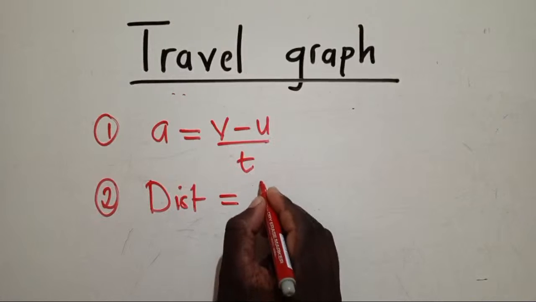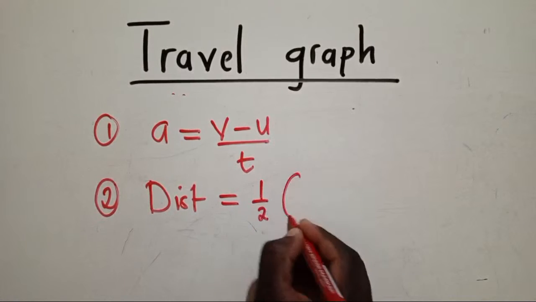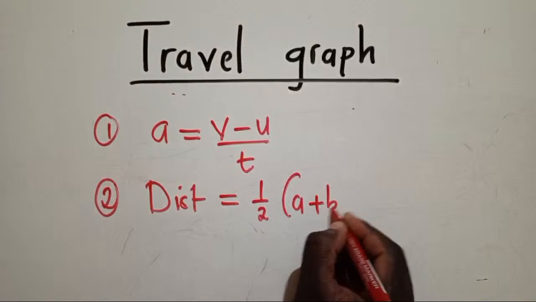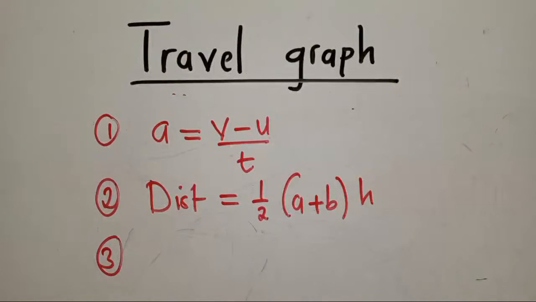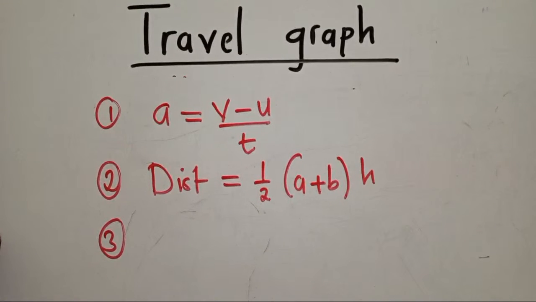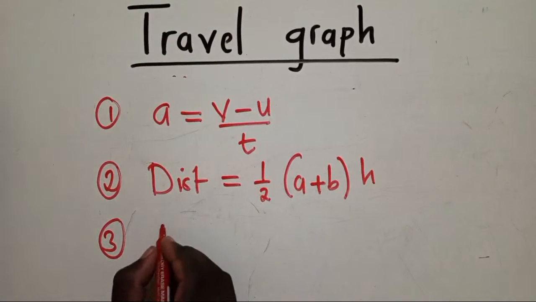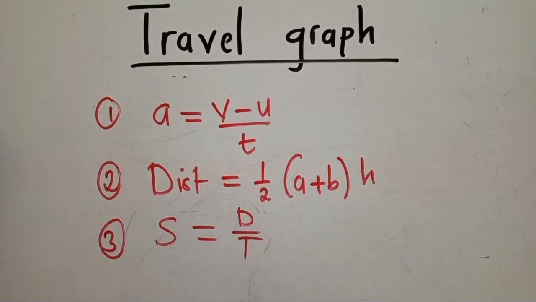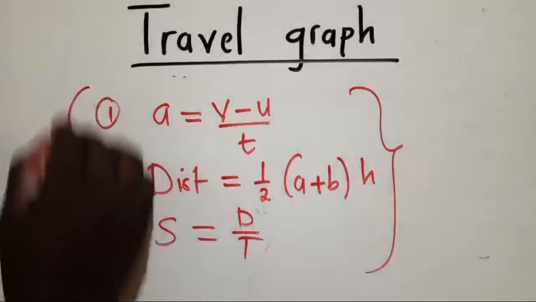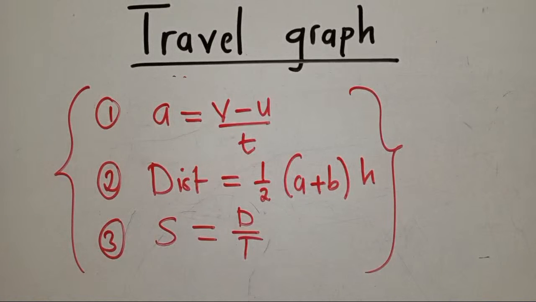Distance is equal to 1 over 2 (a plus b) h. And the third formula, these are the most important formulas, will just be this one: speed is equal to distance over time. So these are the three formulas you need to know.